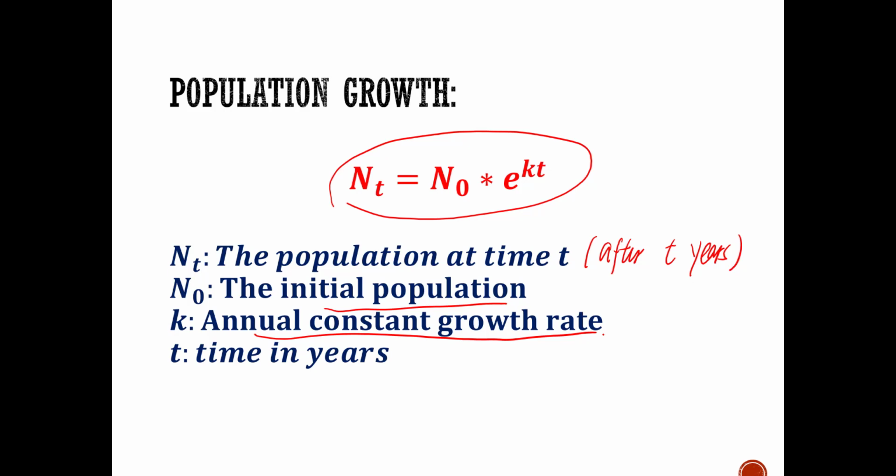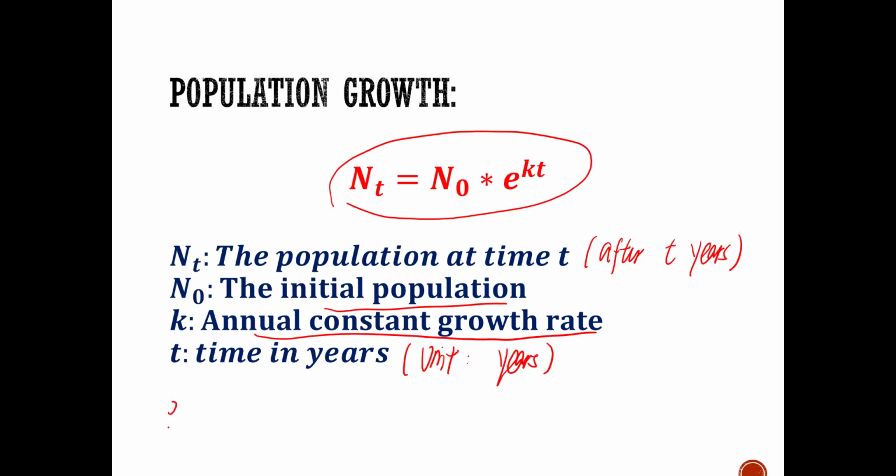That's why every U.S. citizen participates in the U.S. Census. They gather data and publish all those data for public use. And then here t represents time in years, and the unit for t must be years. It cannot be months, it cannot be days, it has to be years.